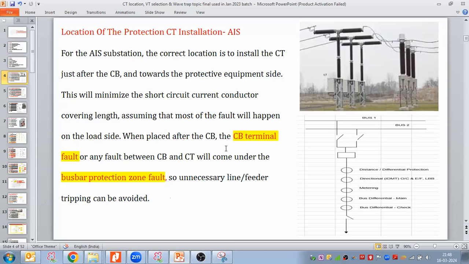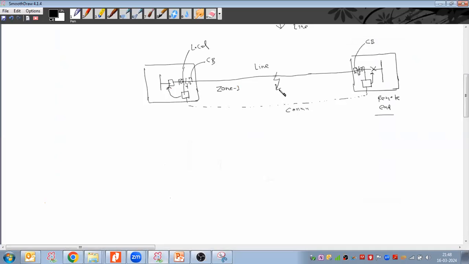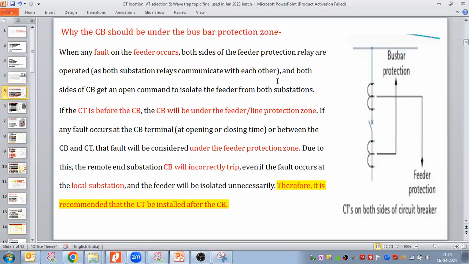Point number three, I told that when any fault happens in the line, both relays will sense the fault and both breakers will isolate this line from both substations A and B.